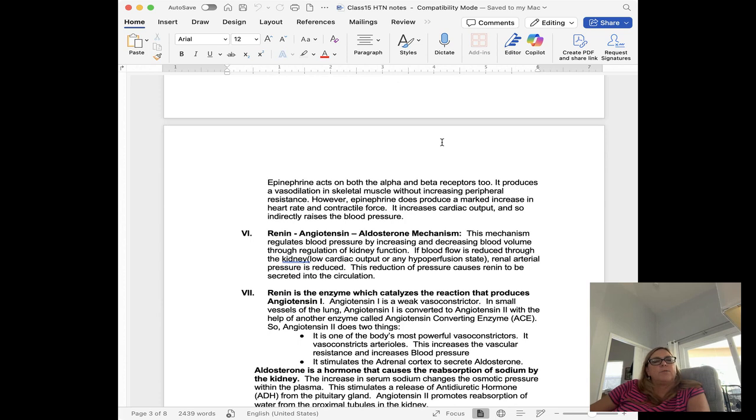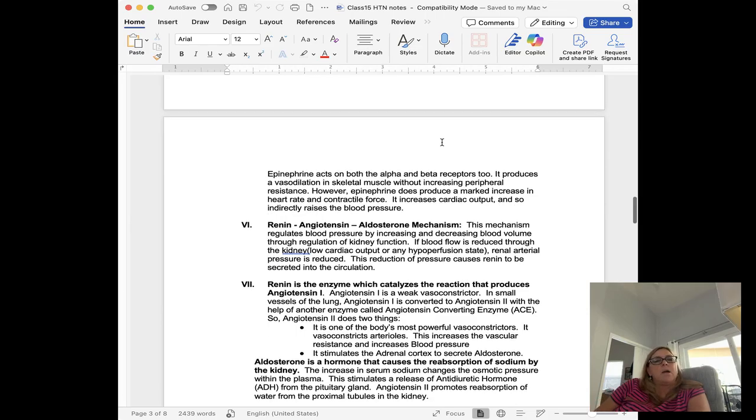Epinephrine acts on both the alpha and the beta receptors also. It produces a vasodilation in skeletal muscle without increasing peripheral resistance. However, epinephrine does produce a marked increase in heart rate and contractile force. So it will increase cardiac output. And then in that relation, it will increase blood pressure.